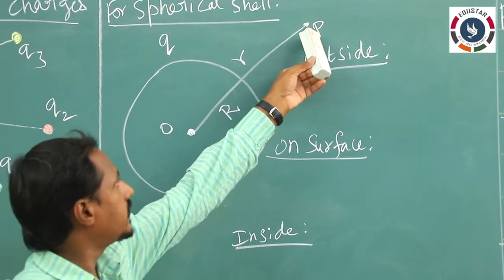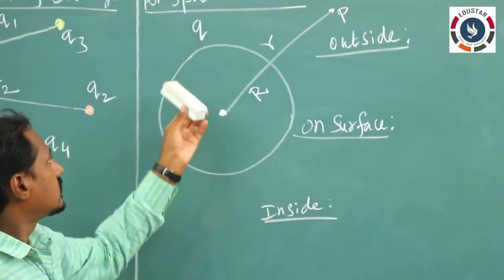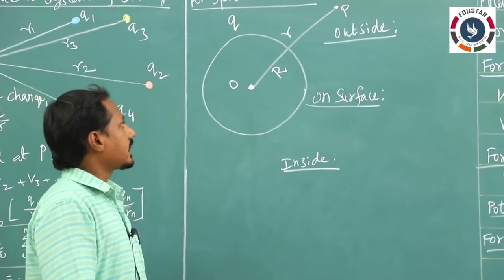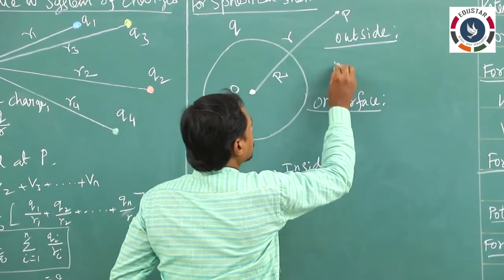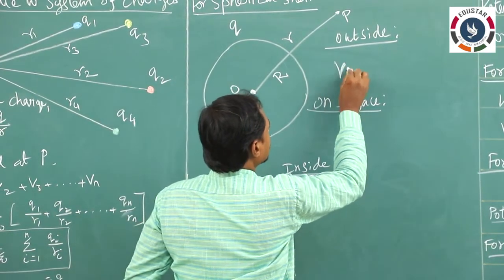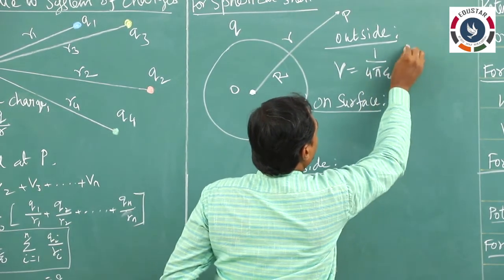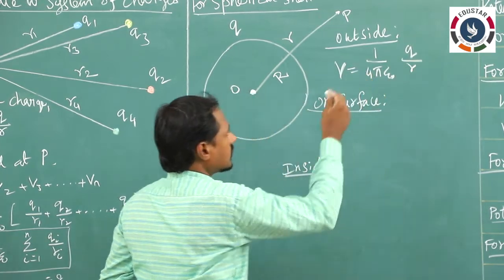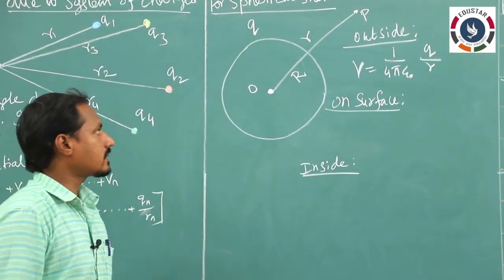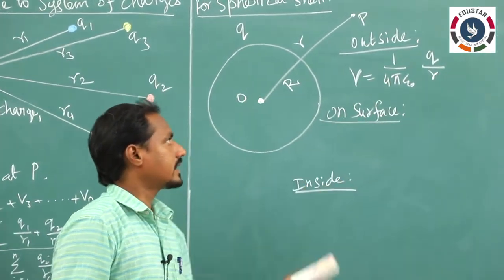At this point P, due to the charge Q on the spherical shell, we can write the potential V equal to 1 by 4 pi epsilon naught Q by r. Due to a single charge we know this formula, and the same formula we can apply here.